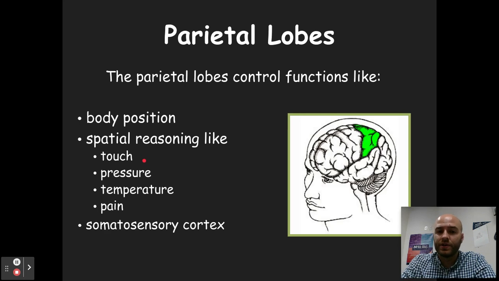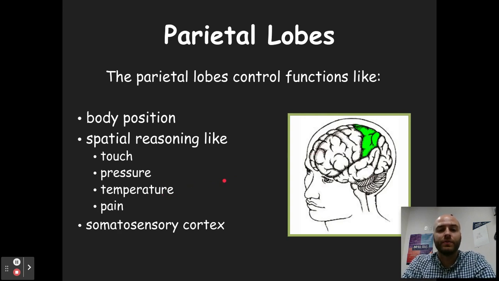It also deals with touch, pressure, temperature, pain, and that comes from something called our somatosensory cortex, okay? And that is on the borderline between the parietal lobe and the frontal lobe, okay? We'll get to that as well, talk more about that.